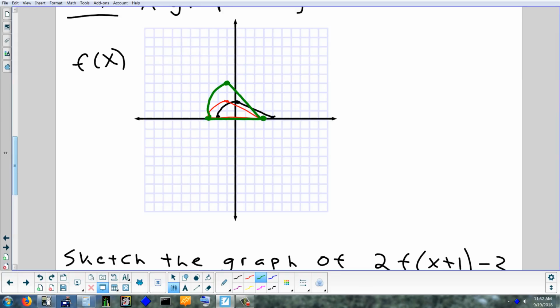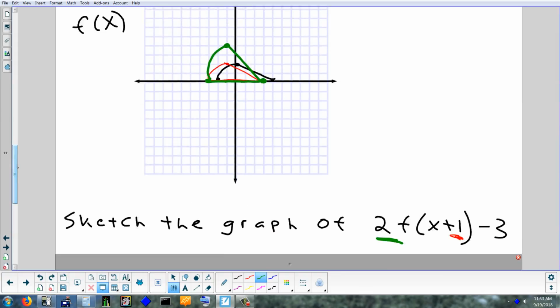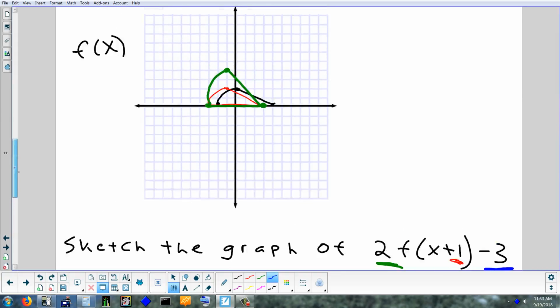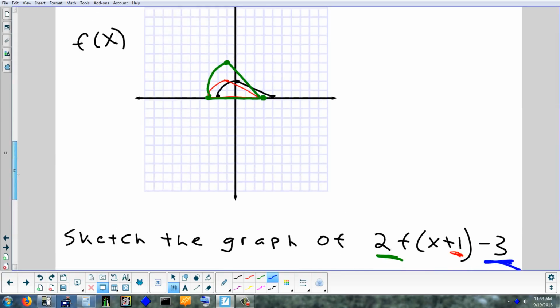You've stretched it out. And now the last thing, the minus 3. What does subtracting a number on the end of a function do? Come on. Shift down 3. Shifts everything down 3. 1, 2, 3.